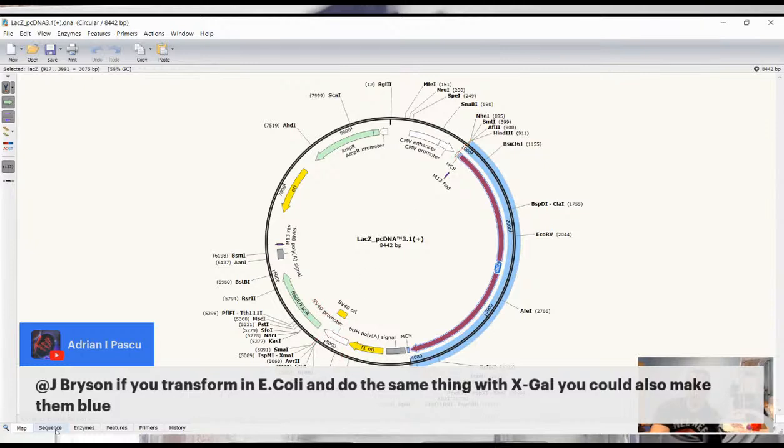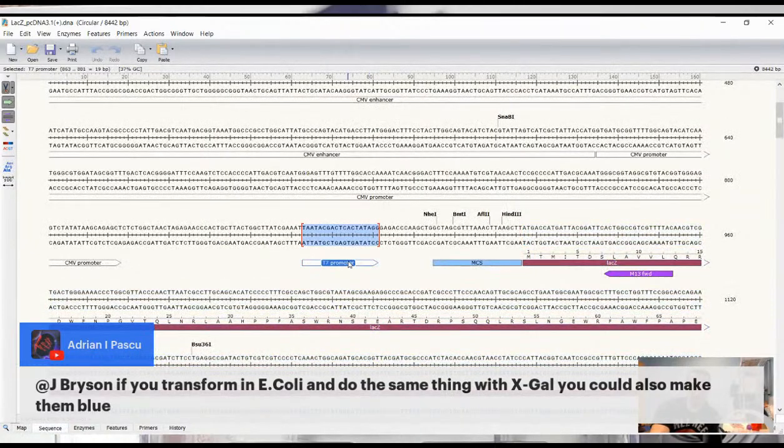But there is a sneaky little promoter in here also, a T7 promoter, that will express in E. coli that have the T7 polymerase in it. DH5 alpha won't do that, but BL21 will.